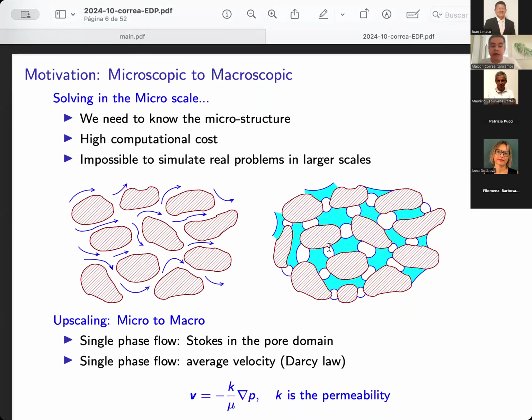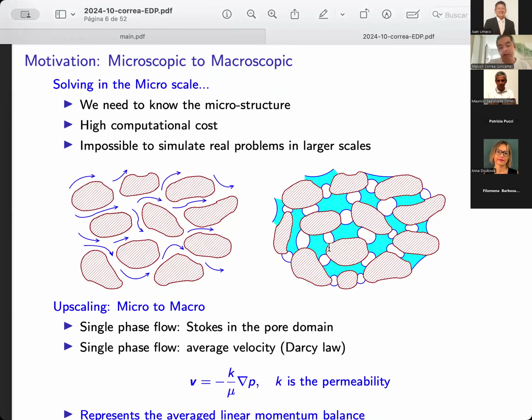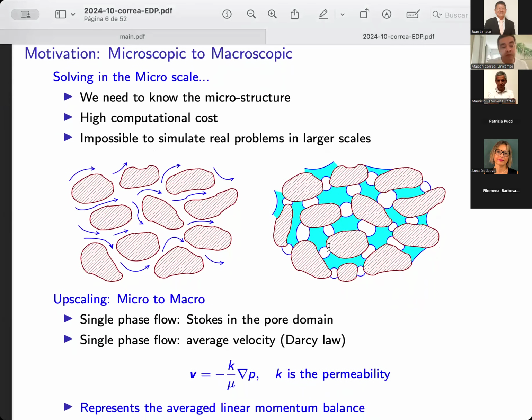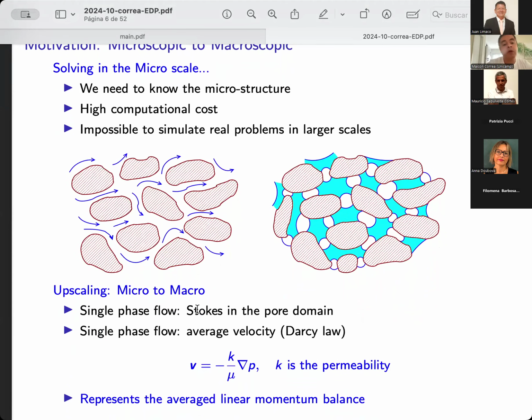So we don't solve in this scale. We need to upscale. And if we use, for example, an average or homogenization technique, and bring this information from the micro scale to the macroscopic scale, again assuming single phase flow, we have Stokes there.